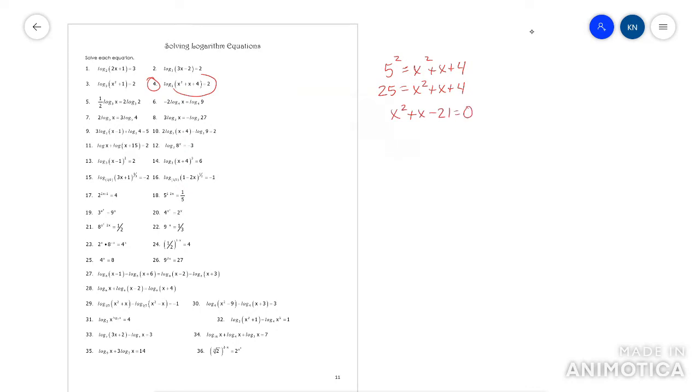This one's not going to factor. So when that happens, you have to run the quadratic formula. So it'd look like this. And then this 1 plus 84 becomes 85. So I'd probably leave it like this.